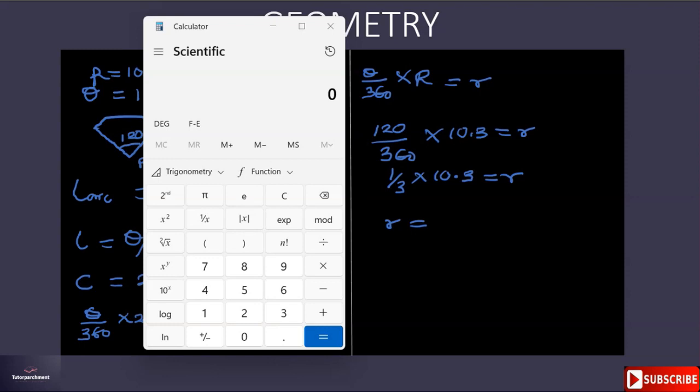So bringing up the calculator, we have r is 10.3 divided by 3. So r is 3.433.